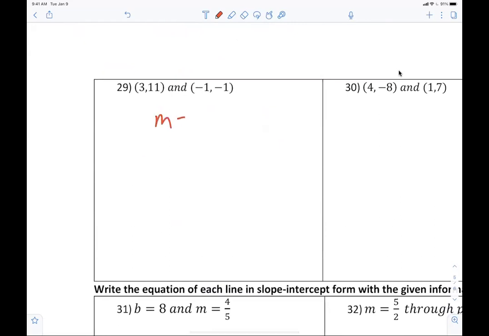What's the slope? Over. Good. So m equals.